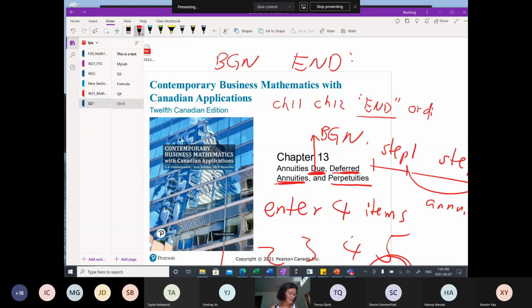I'll write down the summary step. How do you change from begin to end or from end to begin? You do this: second, begin. Second, set. And second, quit.